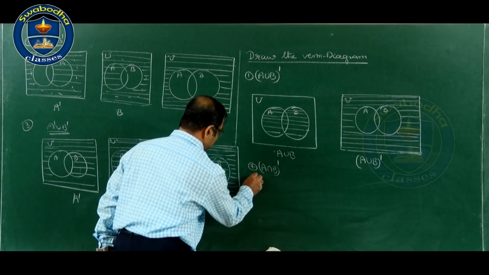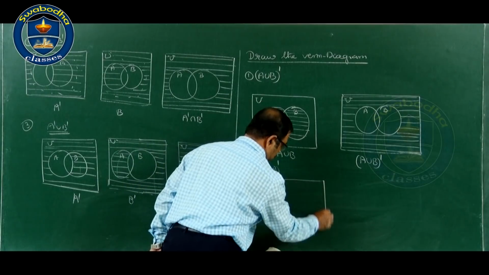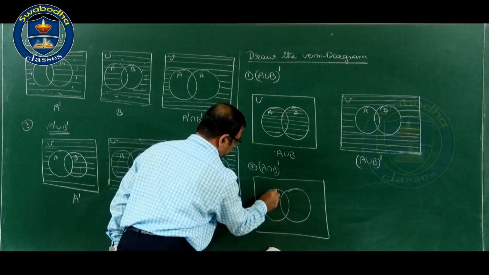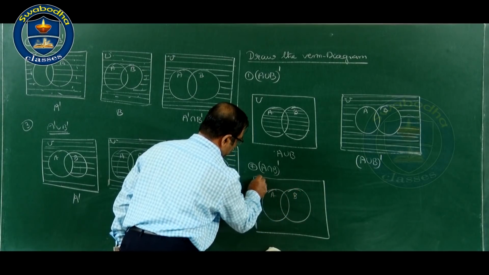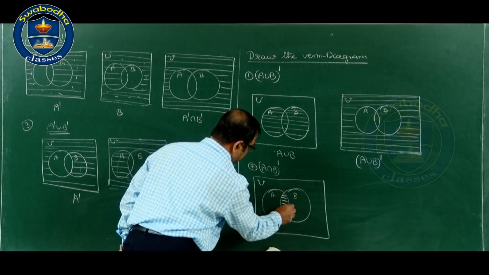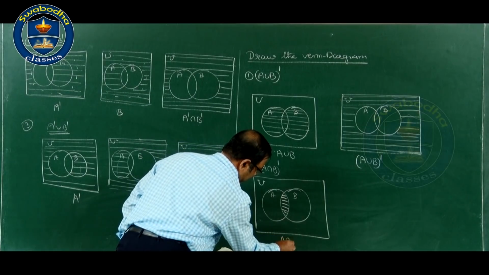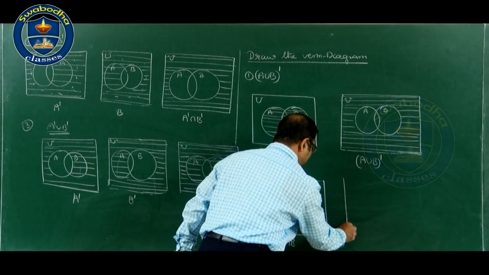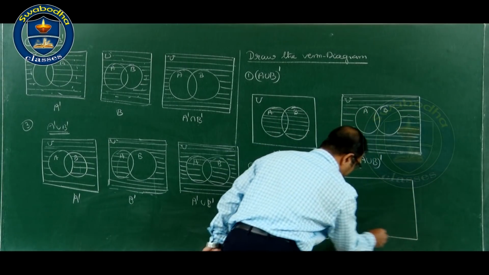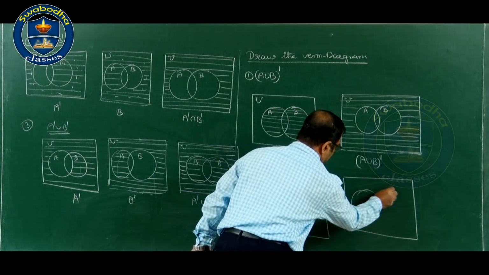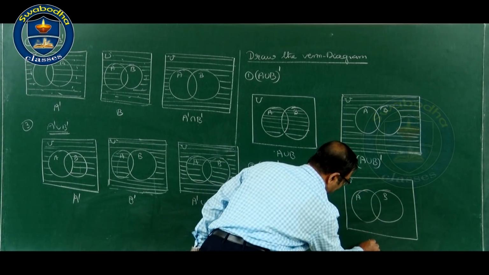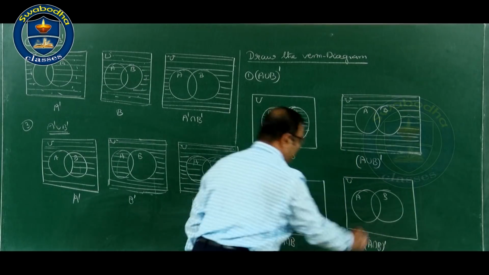Now see, first A, this is B, this is U, A intersection B. What is this? A intersection B. Now I want to find A intersection B complement. See, this is U, A, B. I want A intersection B complement.